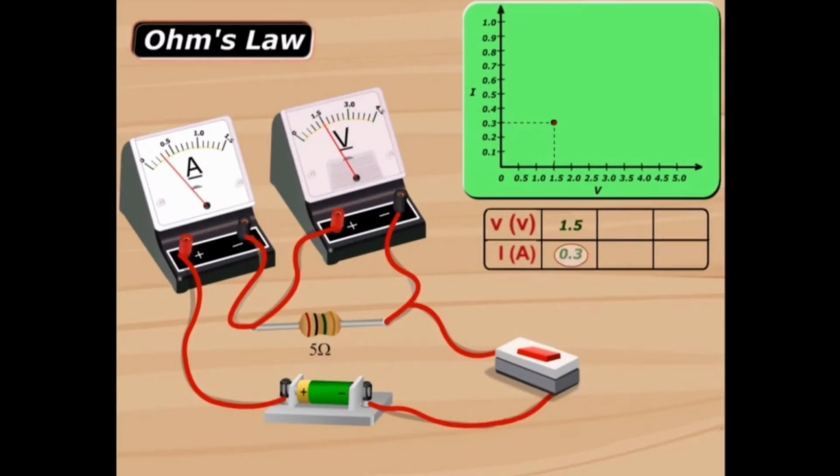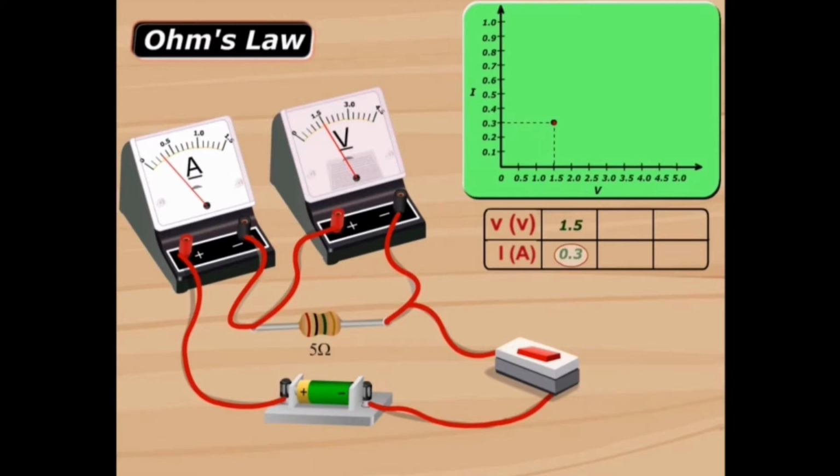Now as we connect and switch on the switch with a single cell, we get the readings as 1.5 volts in the voltmeter and 0.3 amps in the ammeter.